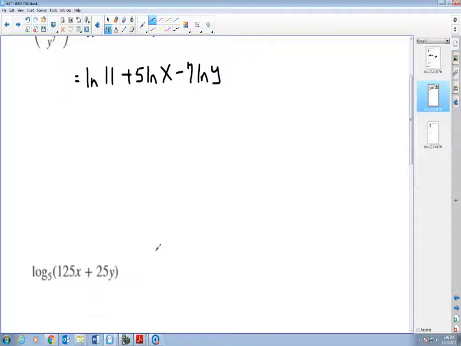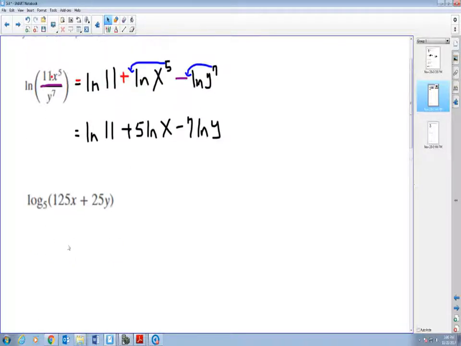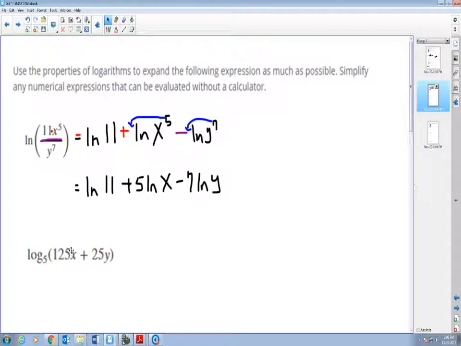Now this example is very interesting because this is only one term, but inside the parenthesis this problem is different from the other ones, because right now inside the parenthesis I've got 2 terms. I actually cannot take a log with the base 5 and do a distribution. It doesn't work like that.